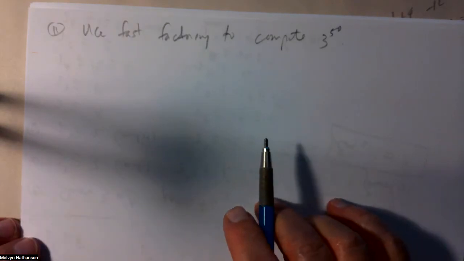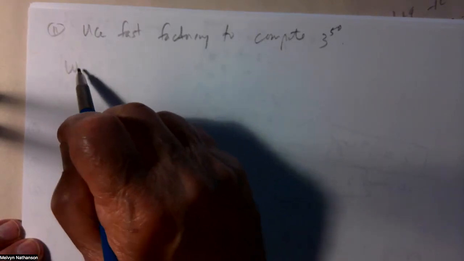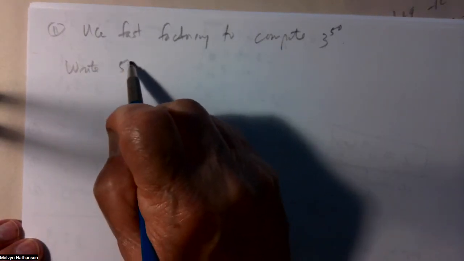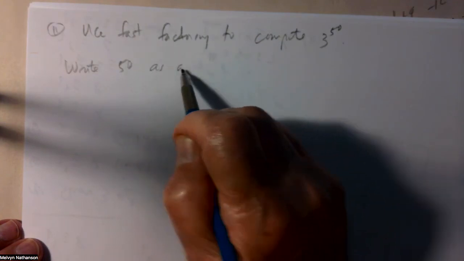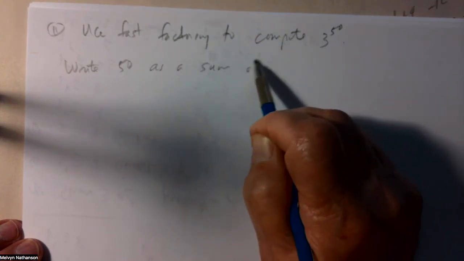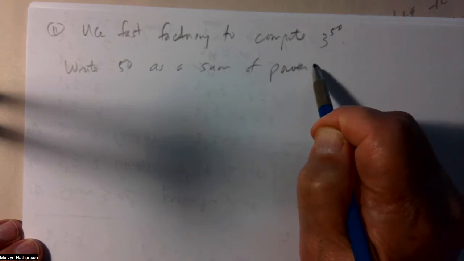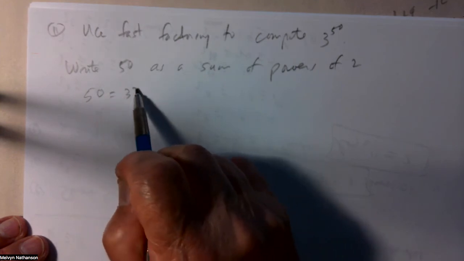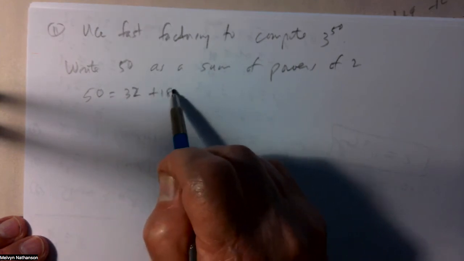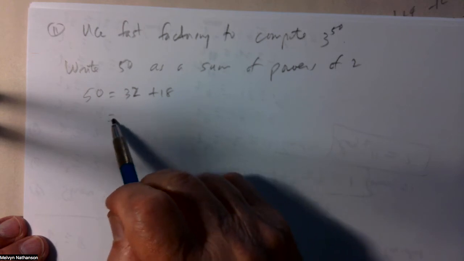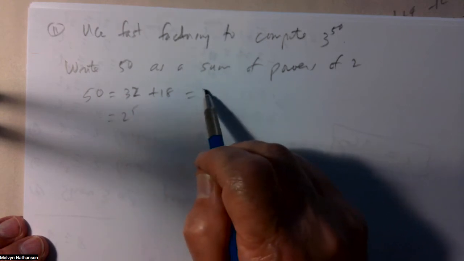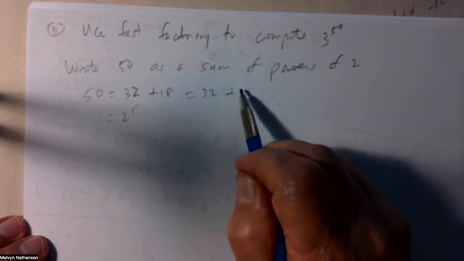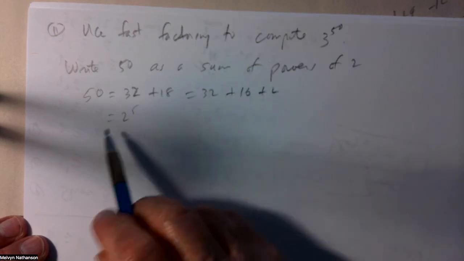But in fast factoring, what you do is you take the exponent, write 50 as a sum of powers of 2. So 50 is 32 plus 18. 32 is 2 to the 5th. 18 is 16 plus 2.